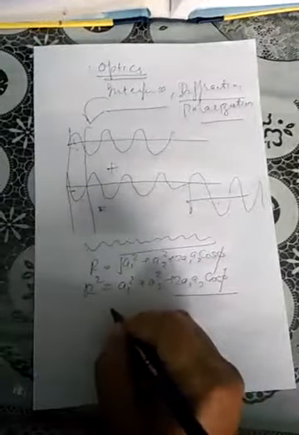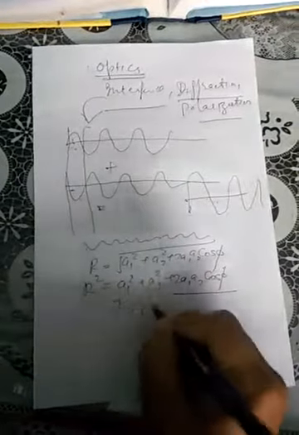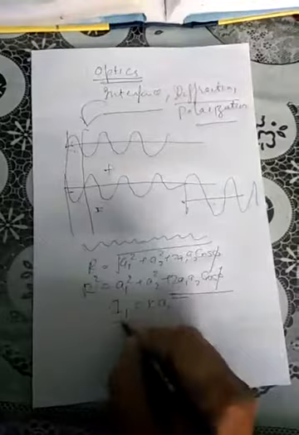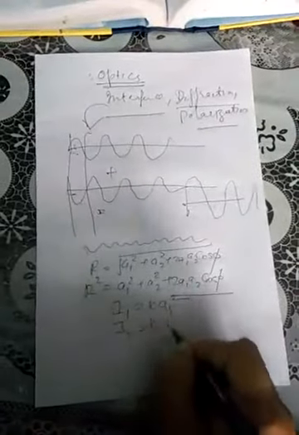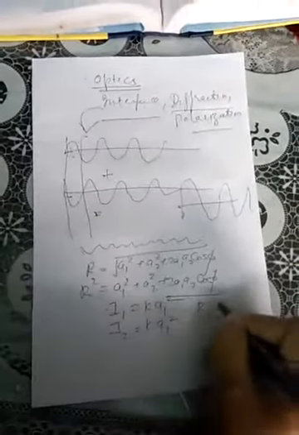Now we know that intensity is related to amplitude: I1 is equal to k a1 square, I2 is equal to k a2 square, and the resultant I is equal to k r square.